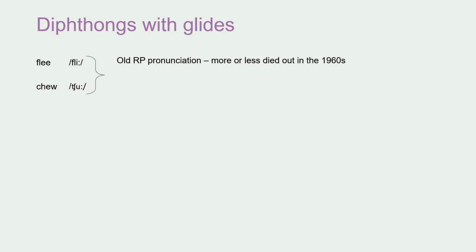And received pronunciation more or less died out in British English in the 1960s. Very few people speak with an RP accent, even though you'll get people claiming that they do. The actual RP doesn't really exist anymore, and yet these symbols are still used to represent the sounds that we use instead, even today.